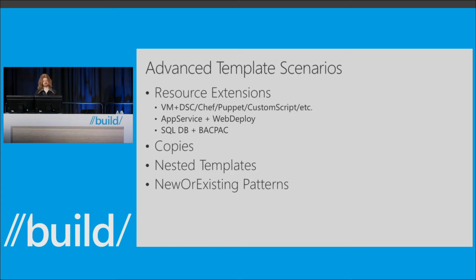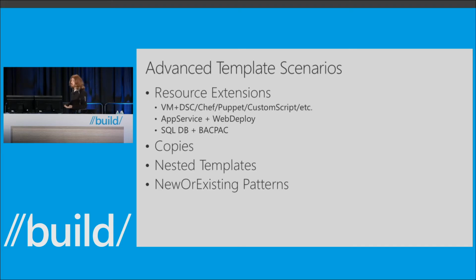Many, many options there. It also allows you to deploy an app service or a website and then deploy a web app into that website by using web deploy, or initializing SQLDB schema using Backpack, okay? We support copying of resources, we support nested template deployments, and we also have ways that you can implement new or existing patterns as well. So one of the common questions that we get asked is, well, how do I implement conditional logic, like if or else type logic inside of an ARM template?